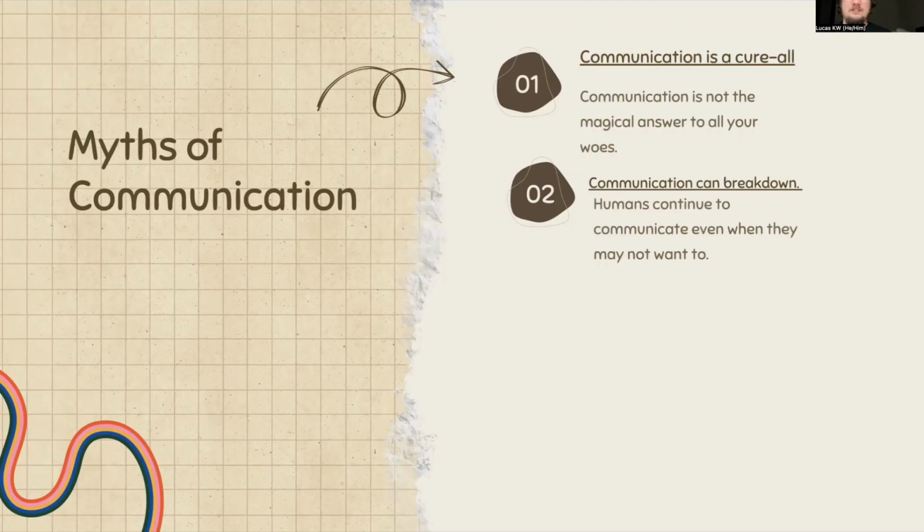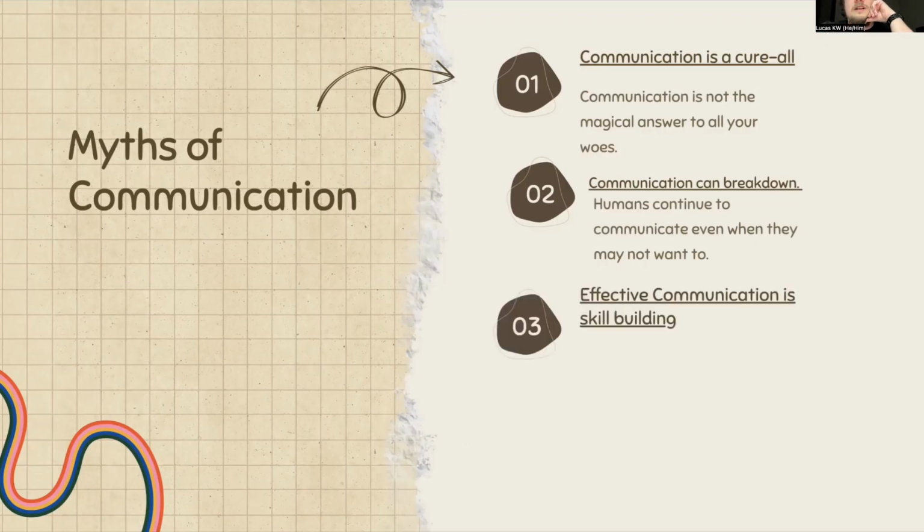There can be misunderstandings, and we're going to learn a little bit more about this element later on in the second part of this lecture, okay? Effective communication is skill building. This myth is saying that you can build skills to be better at communication.